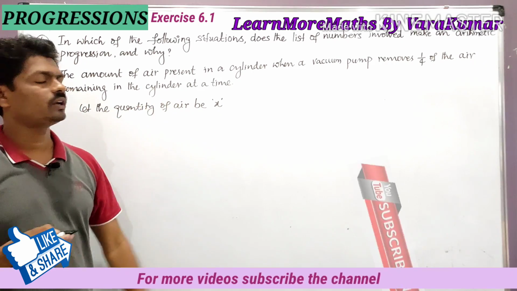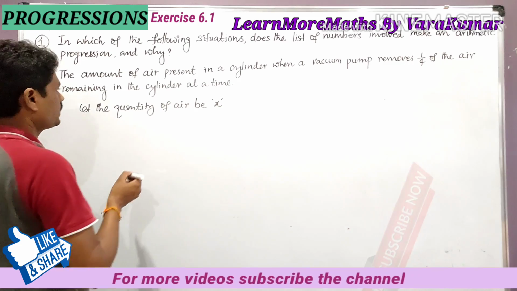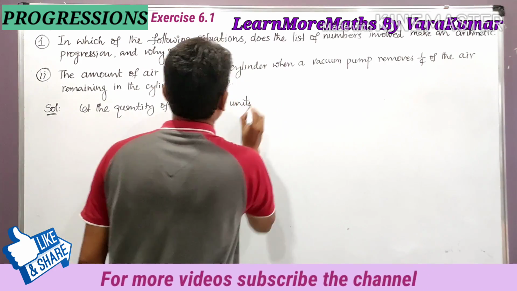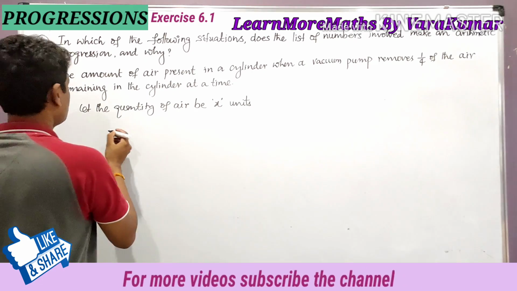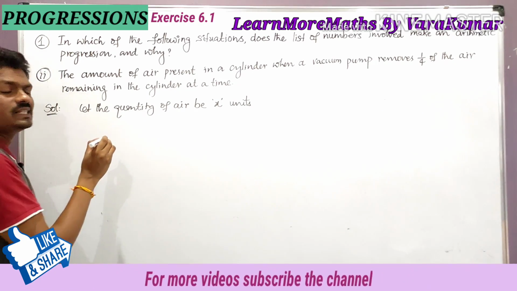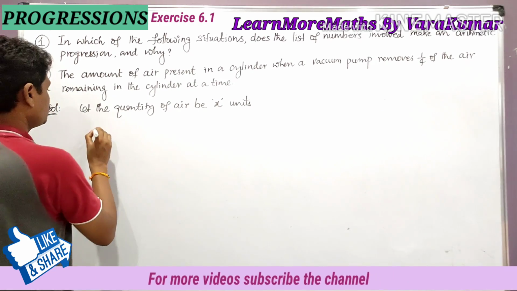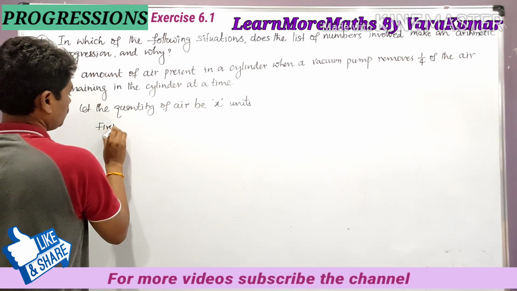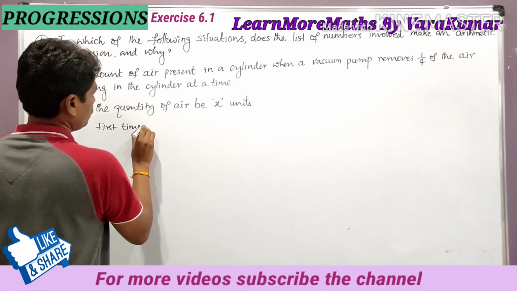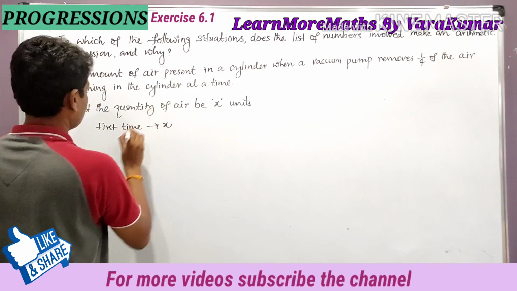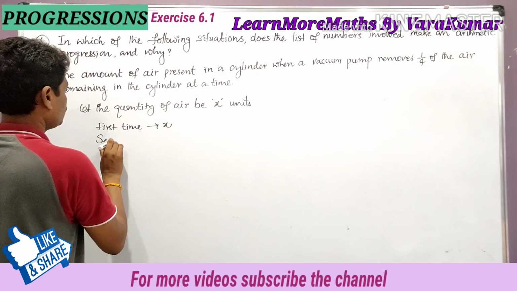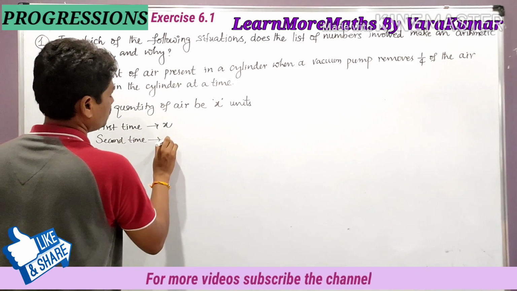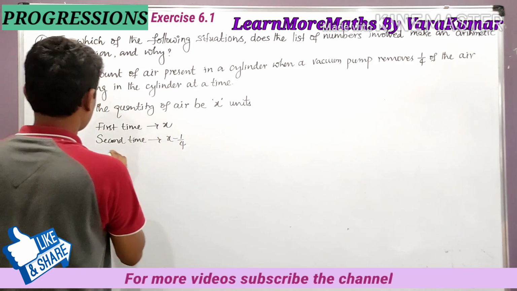For the first time, it is x. For the second time, if the vacuum removes, it becomes x minus 1 by 4.